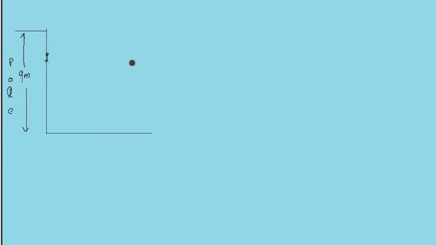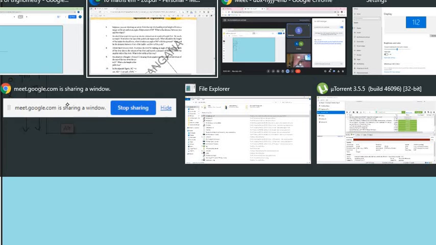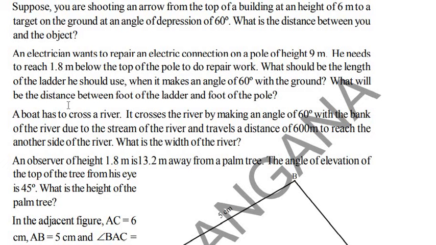This is 1.8 only, right? So this value is 1.8. Then how much is this value? 9 minus 1.8, 7.2. Correct? So this value is 7.2. It means he climbed up to 7.2 meter height. Is this clear? Up to here any doubt? Sahasrika, Asfa? No, sir. Okay. Up to here clear.